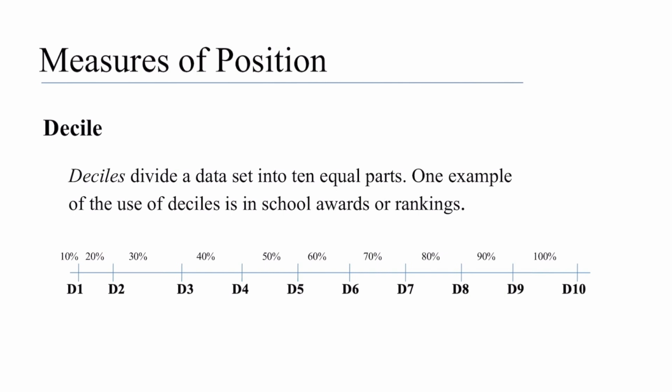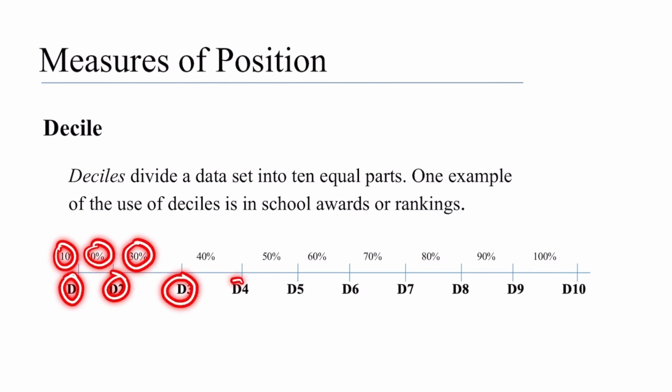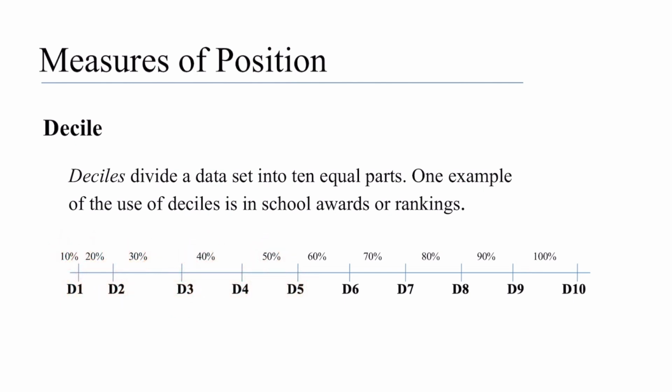These deciles correspond to a percentage. Since it is a decile, the range is in every 10. Therefore, D1, 10%, D2, 20%, D3, 30%, D4, 40%, D5, 50%, and so on and so forth.